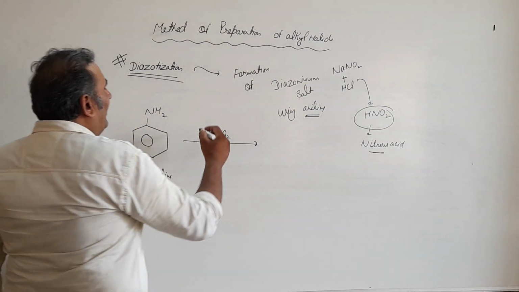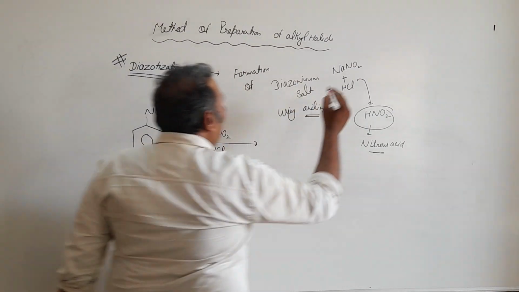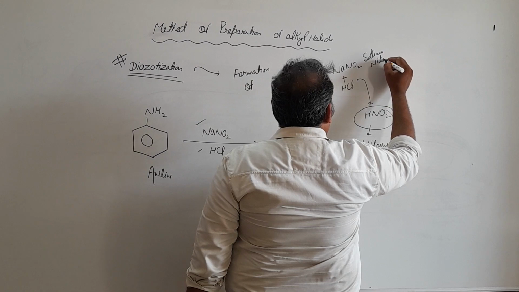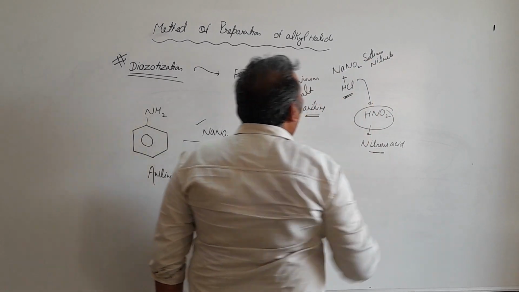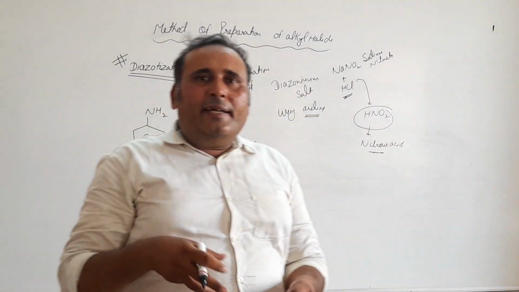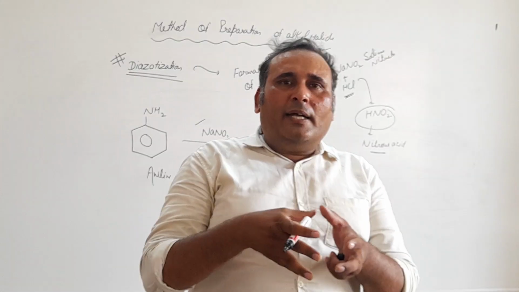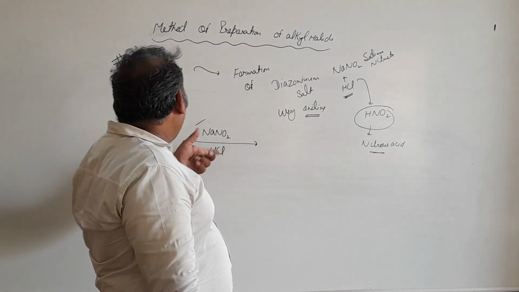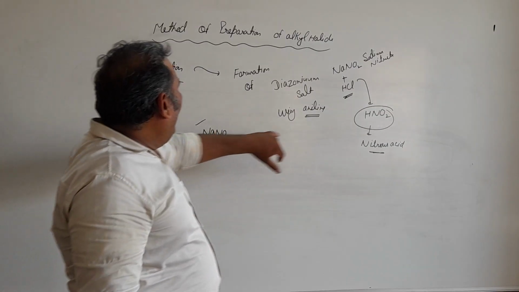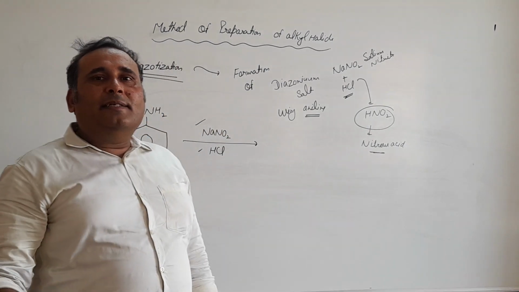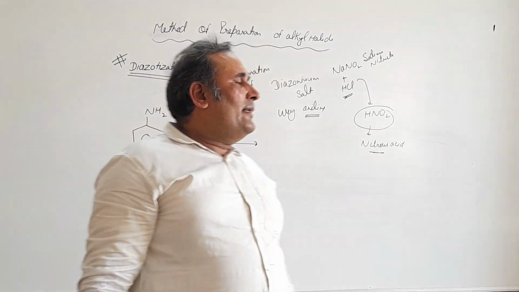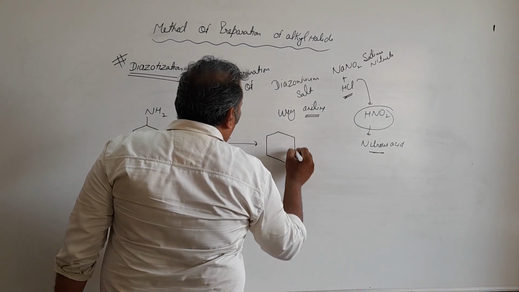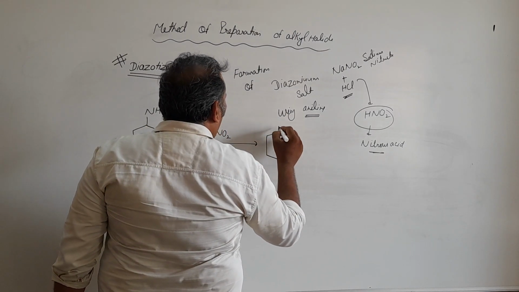That's why we take NaNO2, sodium nitrite, and HCl, which react together in the aniline mixture and produce HNO2. This nitrous acid acts on aniline, and ultimately our aniline gets converted into diazonium salt.